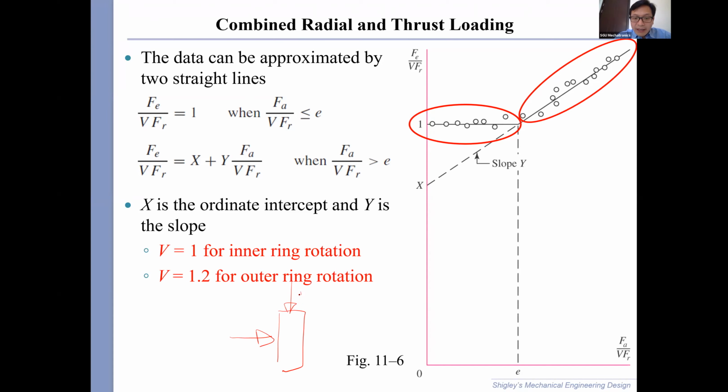How do you combine FR radial? Probably shouldn't call it FR. Let's see, what do we call it here? Yeah, Fr, small r, Fa, which is axial. How do we combine these two?